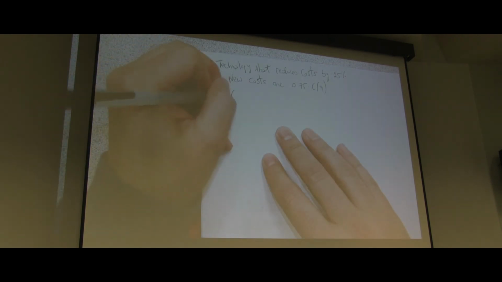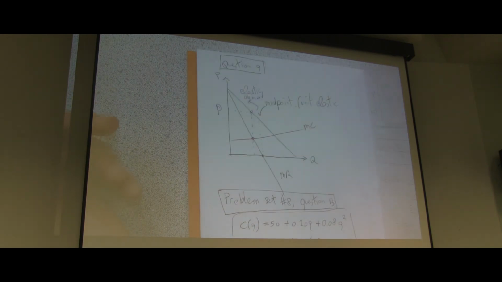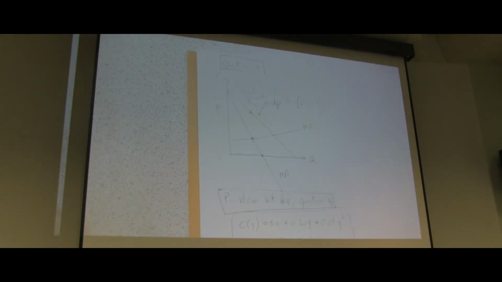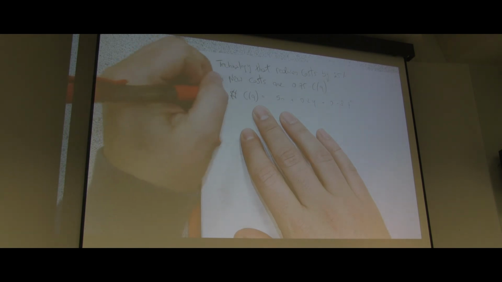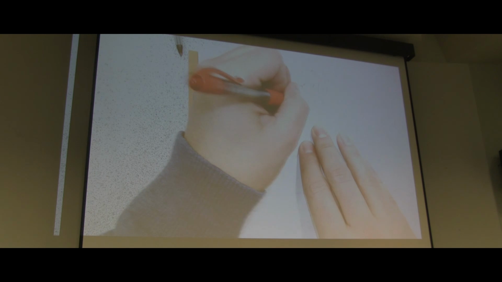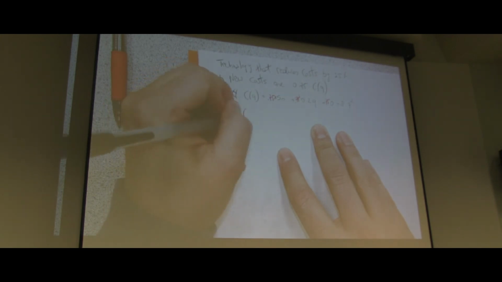So recall that C(Q) was 50 plus 0.2Q plus 0.08Q squared. Now I'm going to multiply everything by 0.75 to get my new cost, call that C tilde Q.